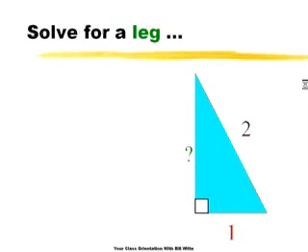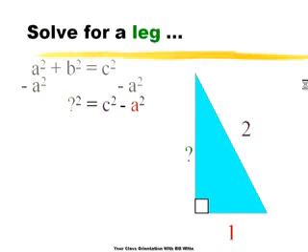Now, it's not always exactly a squared plus b squared. For instance, in this one, we're going to solve for the leg. We're going to use the a squared plus b squared, but we're going to end up, I hope you appreciate, subtracting. Because if a squared plus b squared equals c squared, if we subtract a squared from both sides, the one we're looking for, b squared, will equal c squared minus a squared.